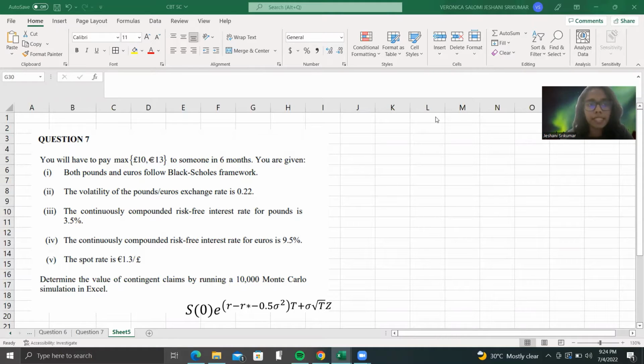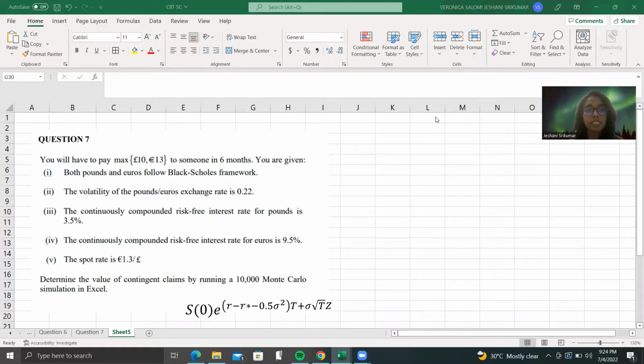The question says that you will have to pay a maximum of either 10 pounds or 13 euros, whichever is more at that time, to someone in 6 months. Both the pound and the euro follow the Black-Scholes framework. The volatility is 0.22.